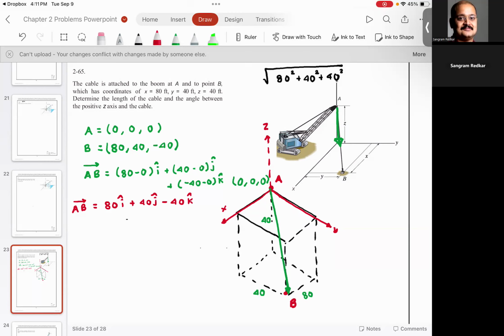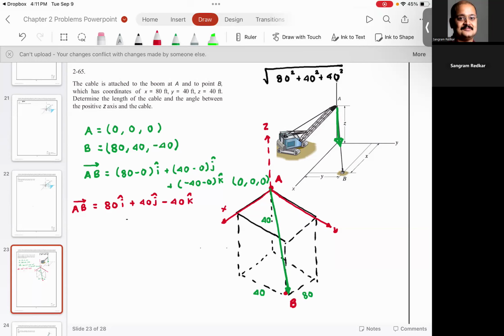Smarter way. No. I want one simpler technique. No. Is this a unit vector?